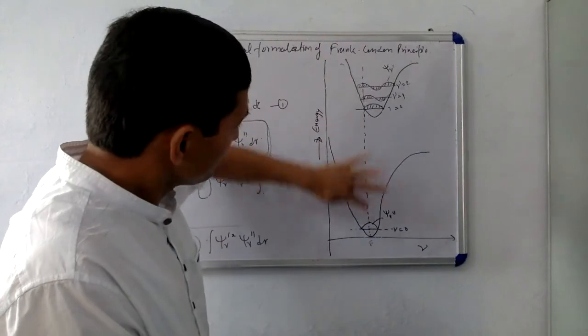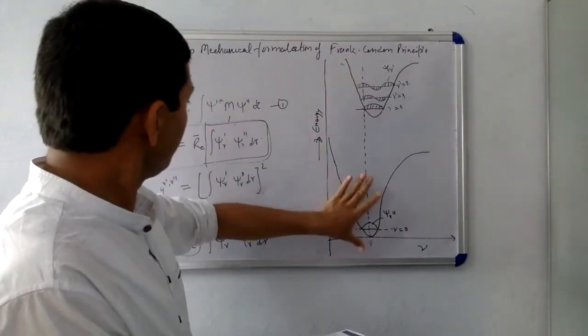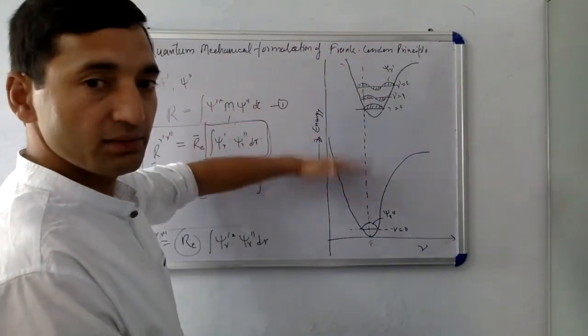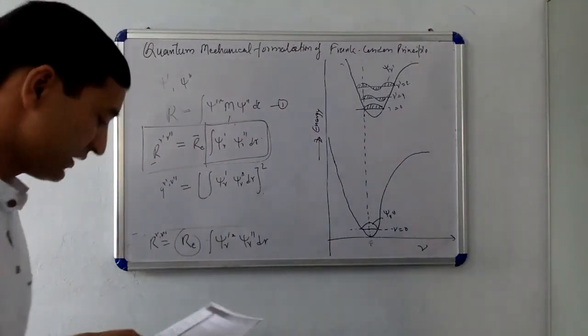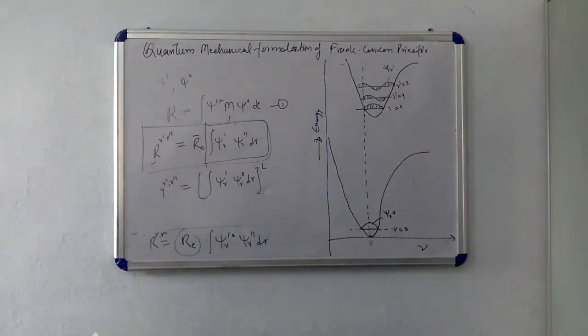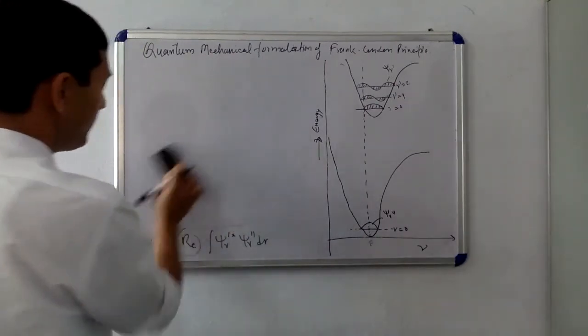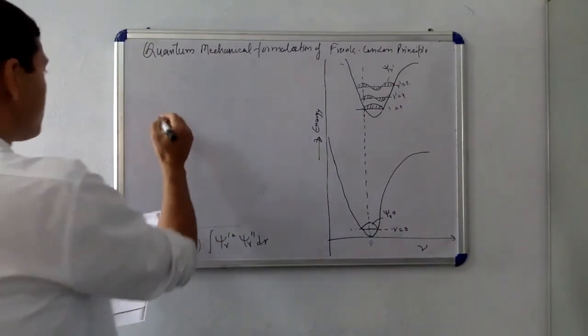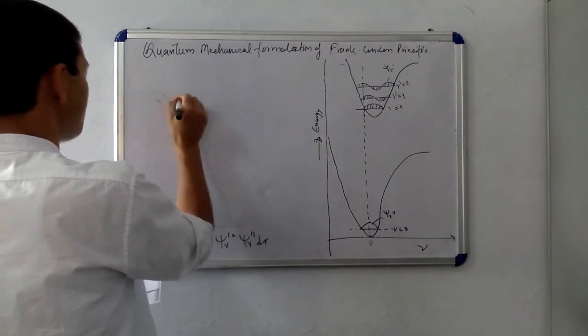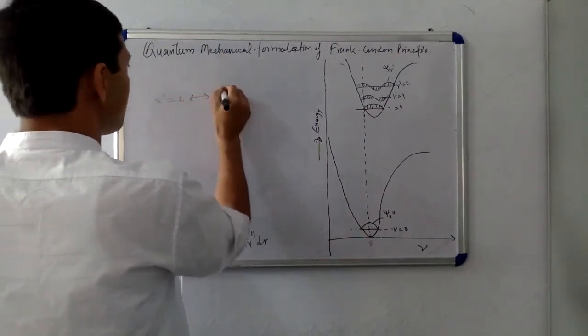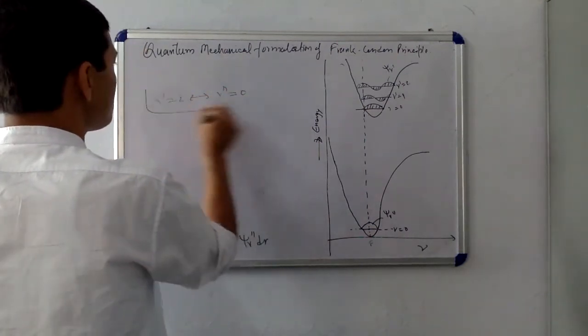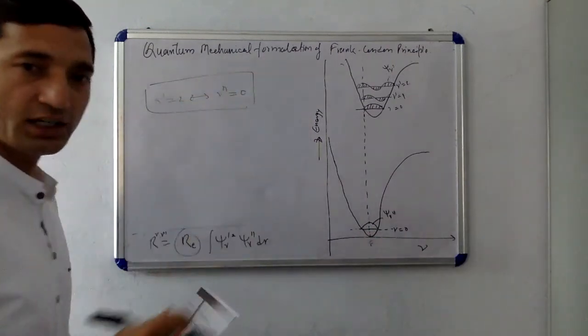So for this one the transition is maximum, and that is why you get the line corresponding to this. This is the reason why the transition is taking place from ν'' = 0 to ν' = 2. For this one you get the sharp line.